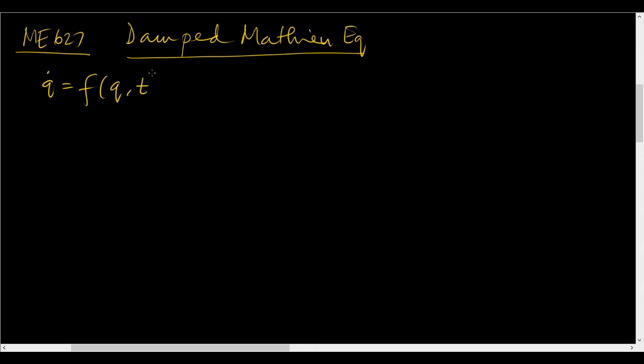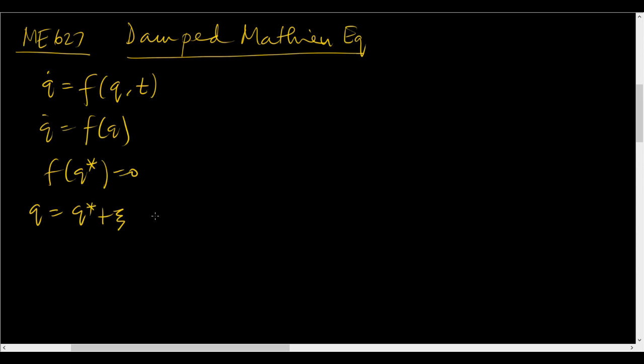We thought of q dot equals f of q as a special case. We thought of f of q star equals 0. We thought of q equals q star plus xi for local analysis. We found eigenvalues. We ended up with xi dot equals A xi. We found eigenvalues.